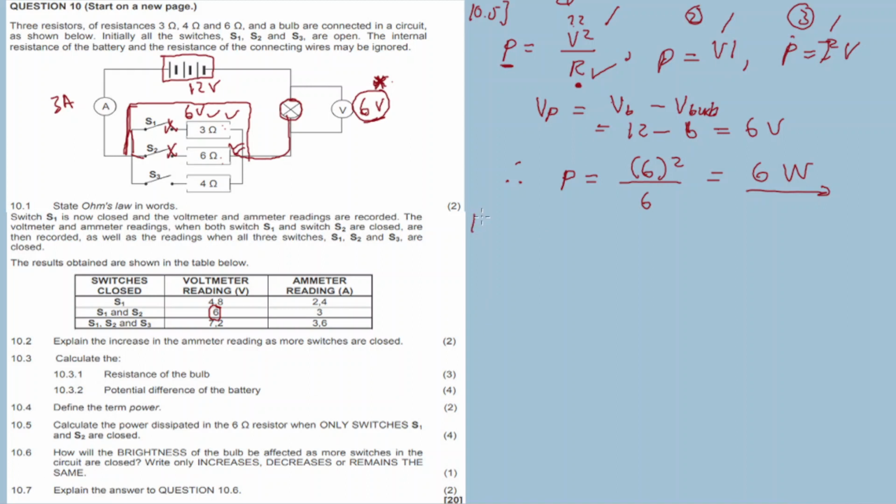Now for 10.6 they ask us a question: how will the brightness of the bulb be affected as more switches in the circuit are closed? Does it increase, decrease, or remain the same? Okay, should I give the answer or explain it?